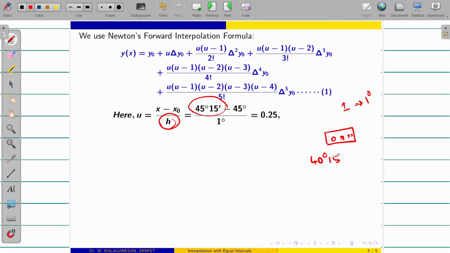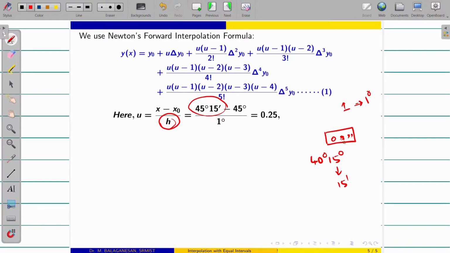Again, I enter 15 in the calculator and then press the same button again, so it will consider it as minutes. The second time you press, it will be minutes. But in the calculator, it will show like that only. Obviously it is 15 minutes. And then if you press again after giving some other value, it will treat that as seconds.